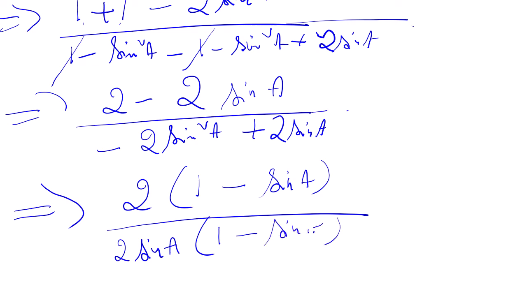See, this 2 sin A take out common, so 1 and minus sin A will remain, right? Now 1 minus sin A, 1 minus sin A gets cancelled.